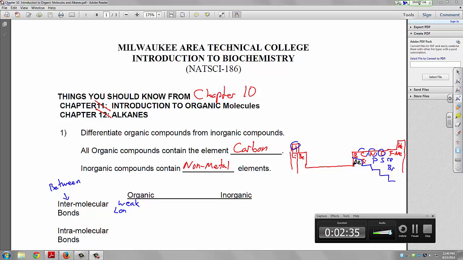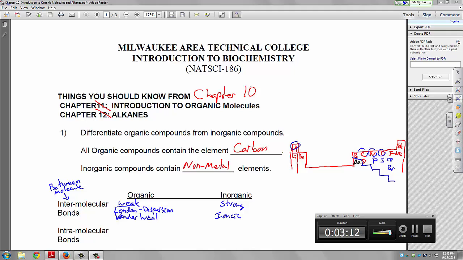We didn't really talk about how these intermolecular bonds arise between molecules in organic, but they're London dispersion forces, also called van der Waals forces. The main thing about them is they're weak. For inorganic, they're strong, and these are ionic bonds.